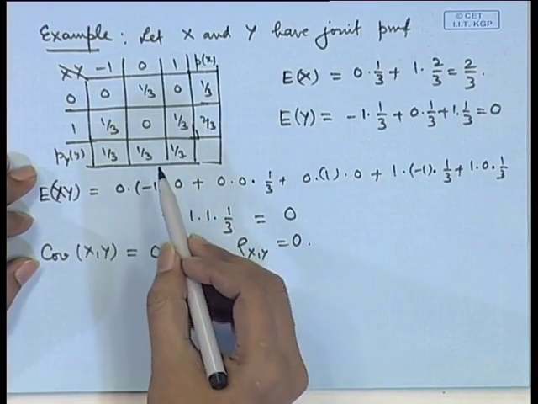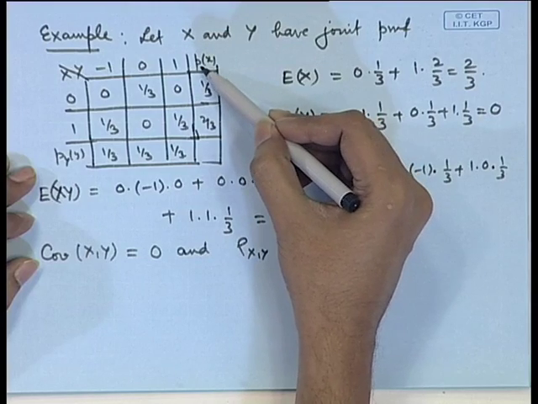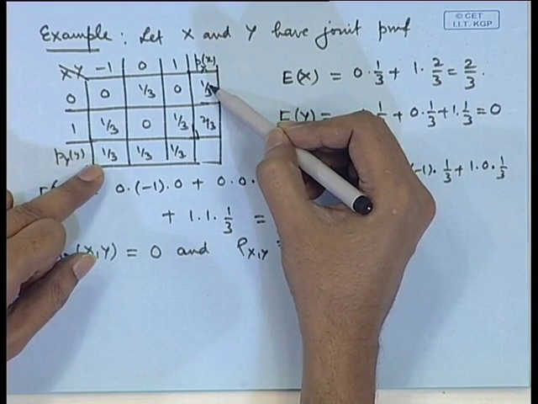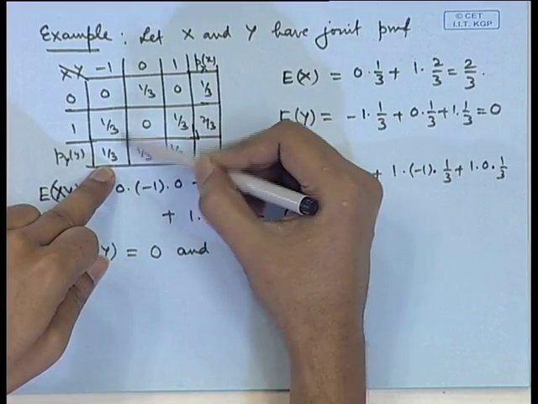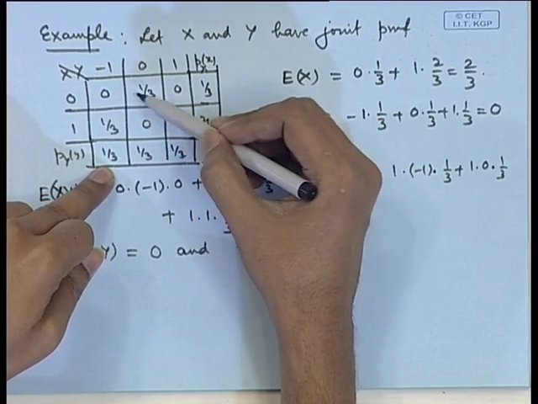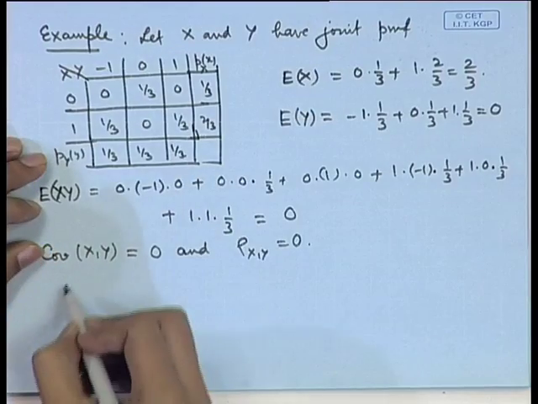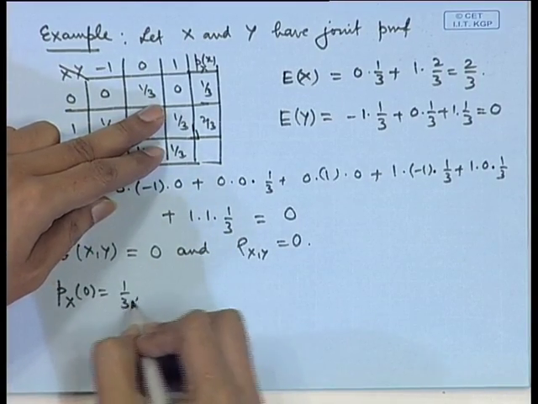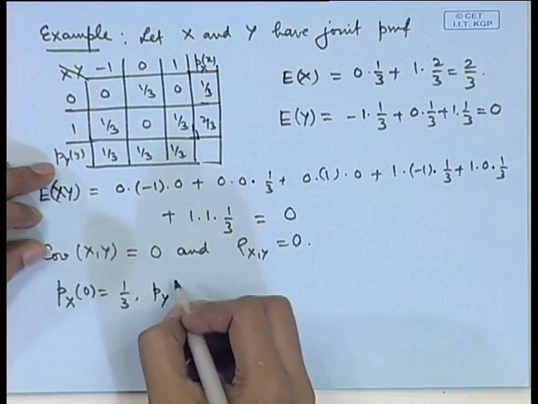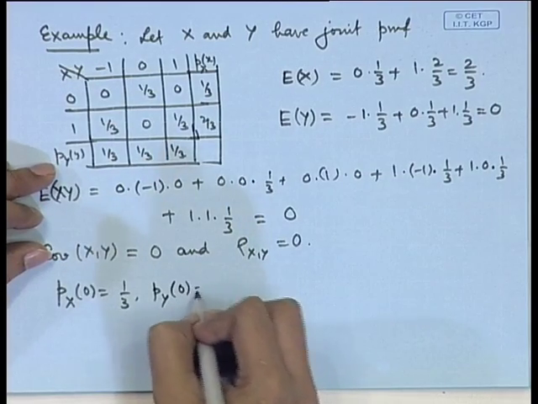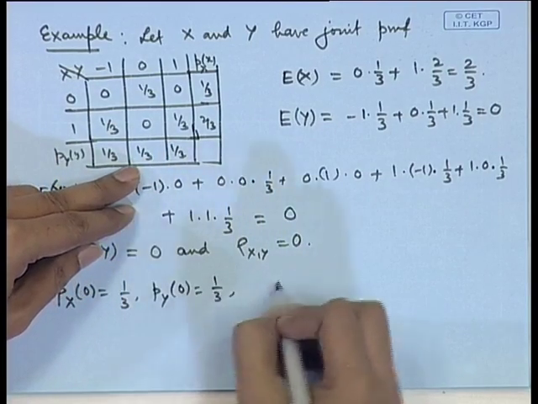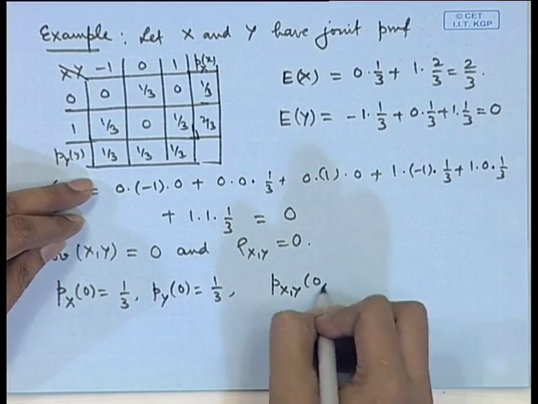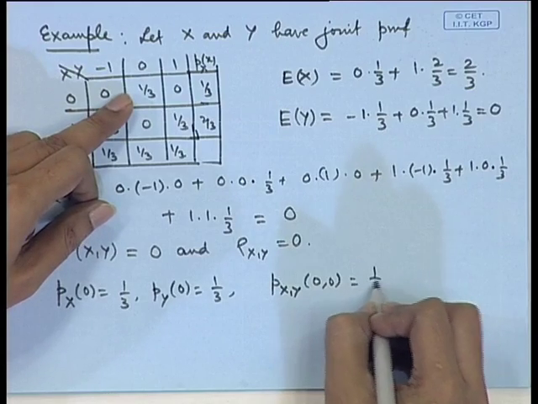But we can see here that for the product of the marginal distributions, for example, p x 0 is 1 by 3 and p y 0 is 1 by 3, but if we consider p x y 0 0, that is also 1 by 3.